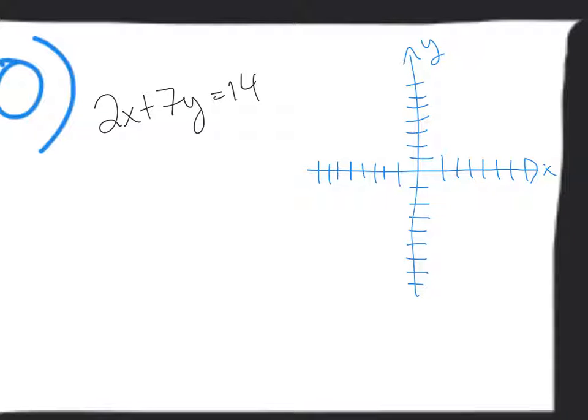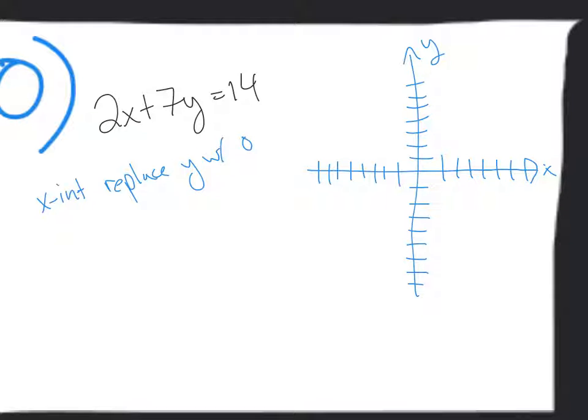And what standard form allows us to do is find x and y-intercepts really quickly. So basically, in order to find my x-intercept, I'm going to replace my y with 0.